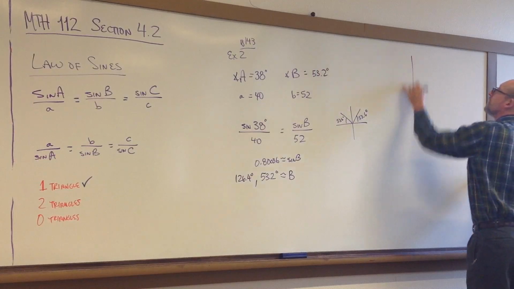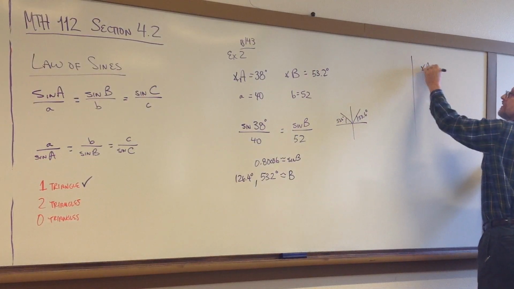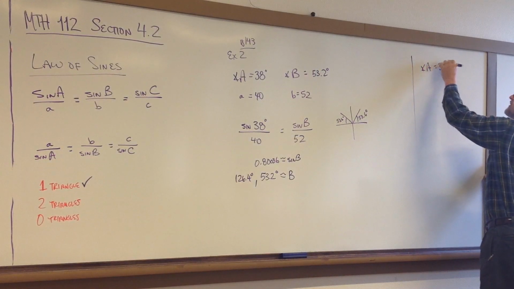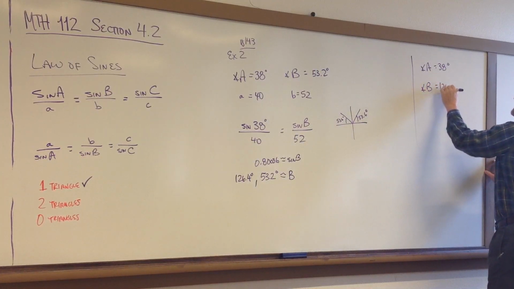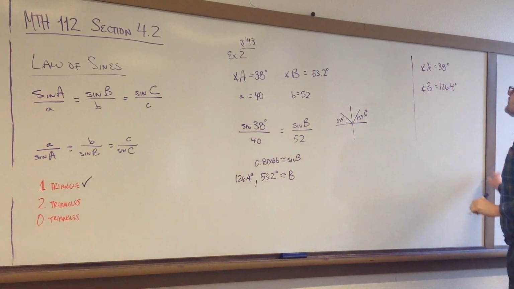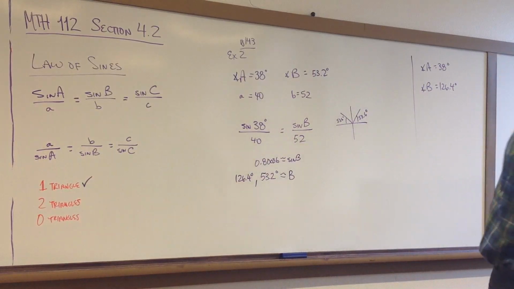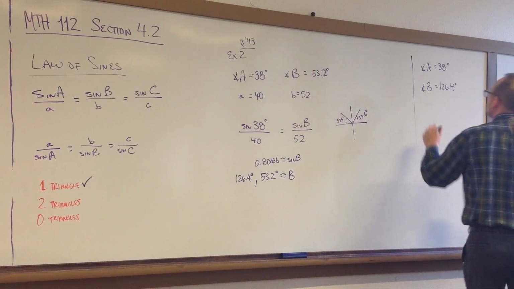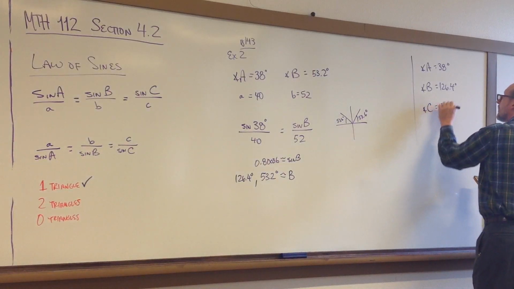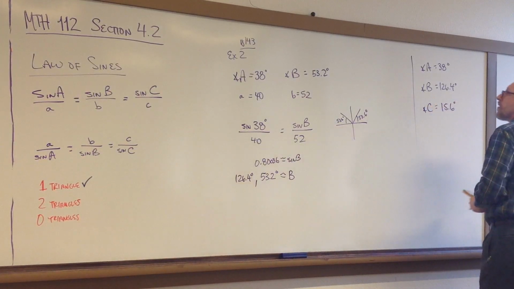Here's another possibility. Angle A is 38 degrees. Angle B is 126.4 degrees. And let's see here. What would that make? Angle C, 15.6 degrees. Okay.